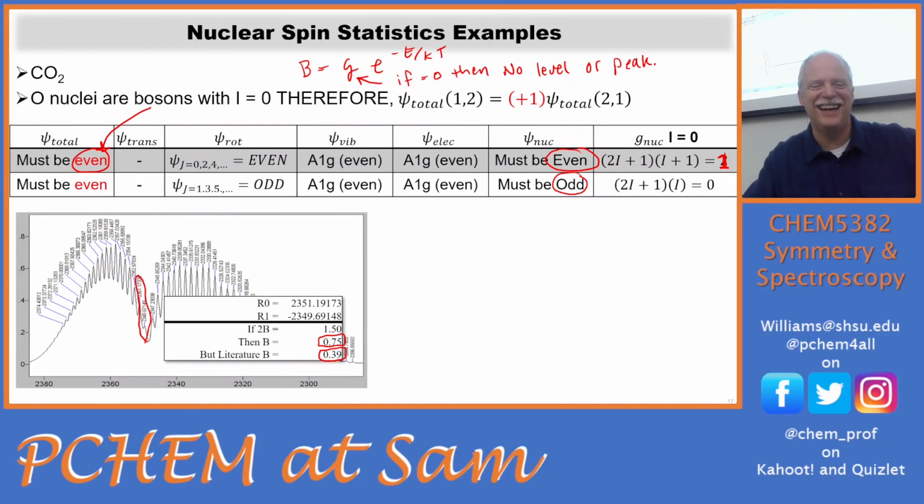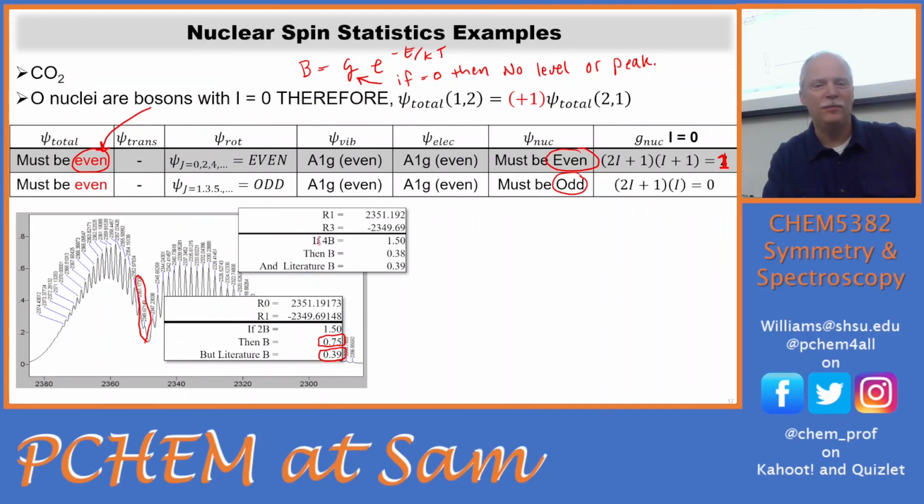So let's relabel those. What if those are not R0 and R1, but R1 and R3? Let me work on this for a second. They should be like 0 and 2. I take those differences, and if that's 4B, because I'm jumping by 2 levels, then I divide by 4 and I get 0.38.